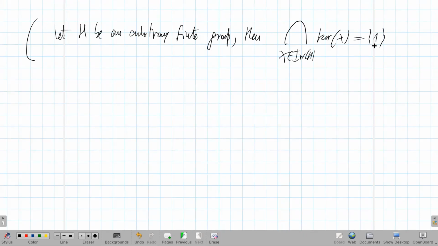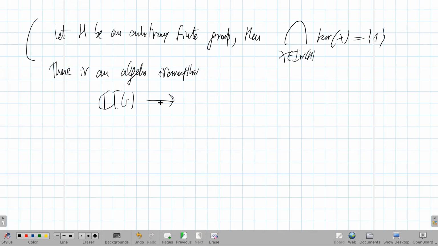Well, recall that there is an algebra isomorphism between the group algebra, which has played an important role in many things, and the direct sum over chi, the irreducible characters of H, of the endomorphism ring of V chi, where this is a module which affords this character.